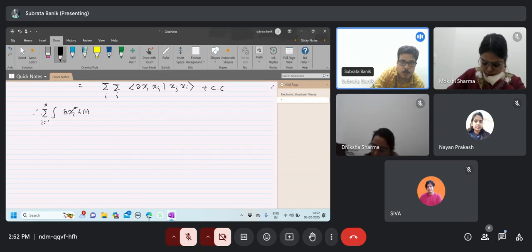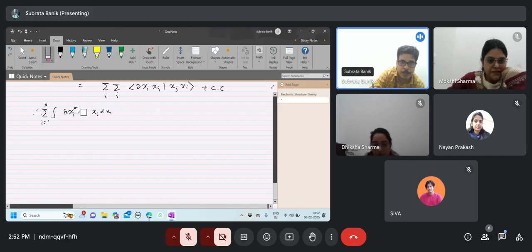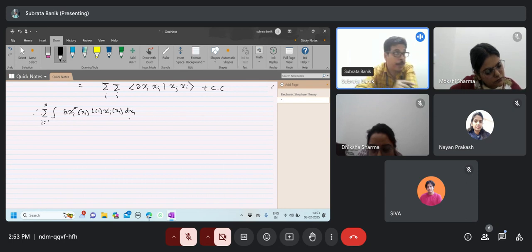Basically they are the same, 1 or 2, whatever you can write, you can call it i also, chi_i dx1. Let us write it more explicitly. This will be chi_i star of x1, h1, chi_i of x1, dx1. That is the first term for the one-electron part, right?